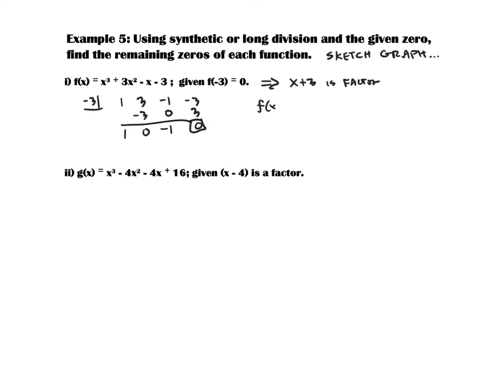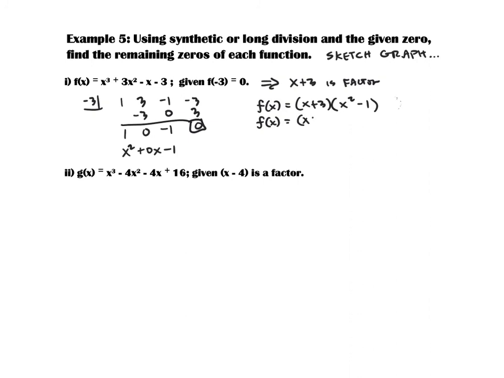So let's check this out. Then f of x, and we haven't done this up to this point, but it would be x plus 3 times the factor that I have left. This would be x squared plus 0x minus 1. So that would be x squared minus 1. But now I'm going to find the remaining factors.